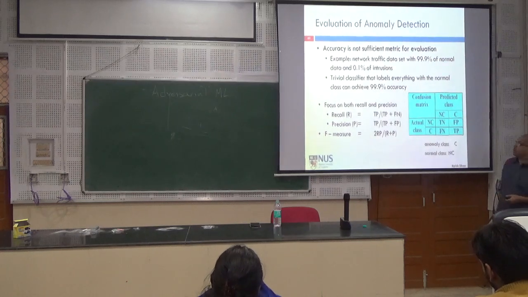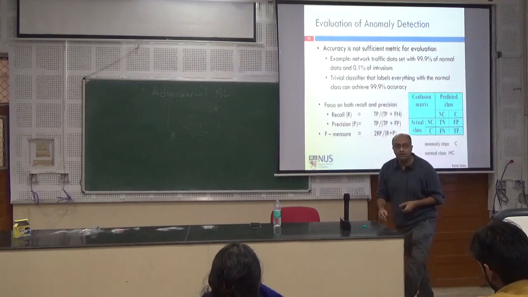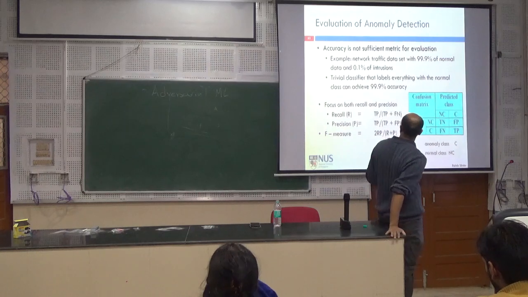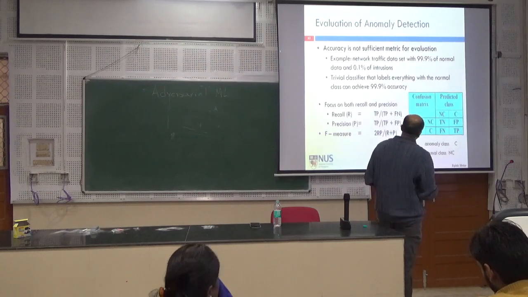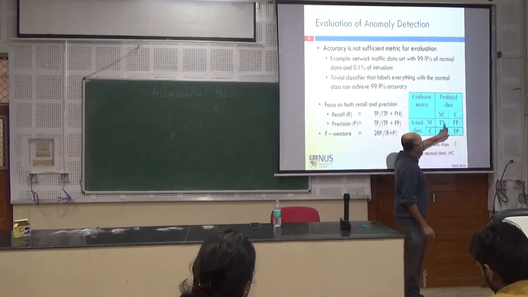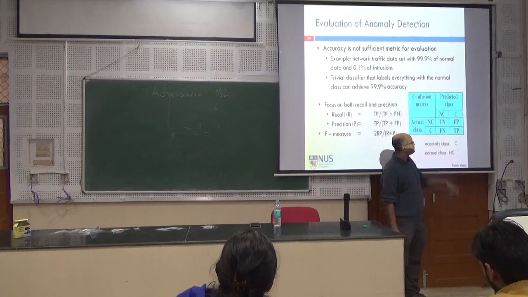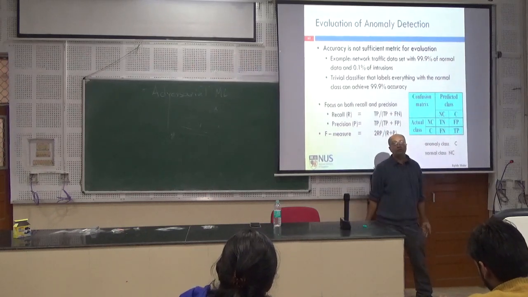Now what you would say is, all right, how should I evaluate the accuracy of my classifier? What you could say is, okay, let's look at the accuracy. What is the accuracy? Accuracy says this plus this. This is my accurate ones, right? TP plus TN, that's when I was accurate, divided by the total number of samples.